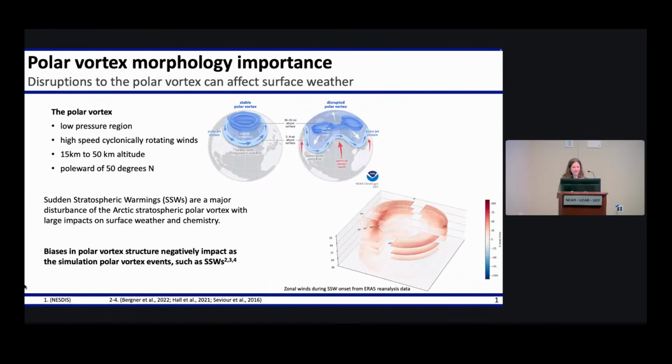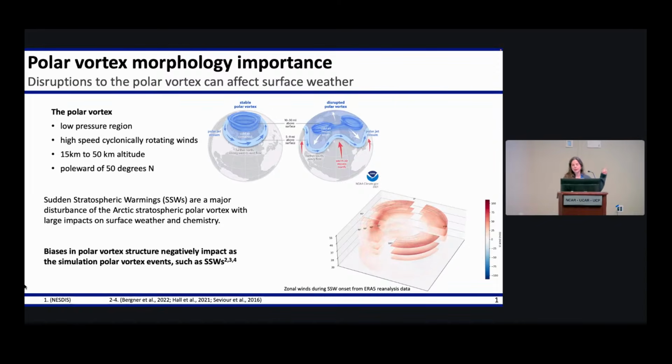So let's start with the introduction. The polar vortex is a low pressure region of high speed cyclonically rotating winds in the stratosphere, typically polewards of 50 degrees north, but it can be disrupted by planetary waves causing the winds to break apart, a warming in the stratosphere, and then a displacement or splitting of the cold air which was once encased.